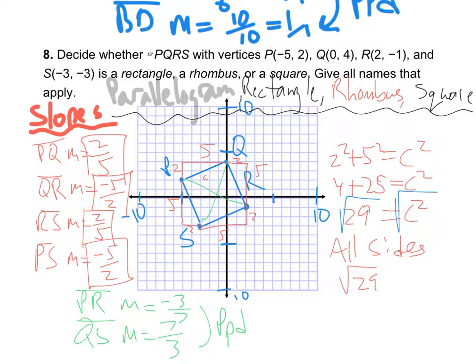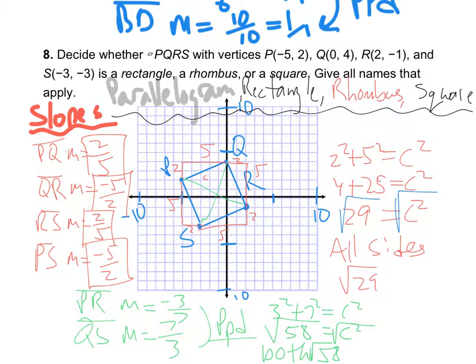Since they're perpendicular, it's got to be a rhombus because diagonals of a rhombus are perpendicular. Notice they're also congruent. 3 squared plus 7 squared equals c squared, and this comes out to be 58. If we square root that, they're both the square root of 58.